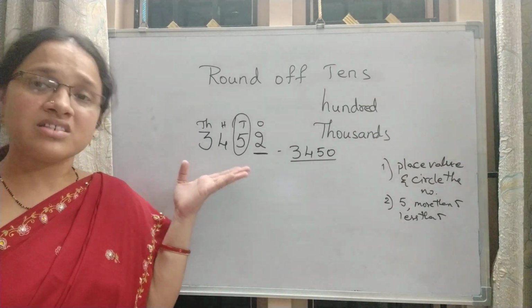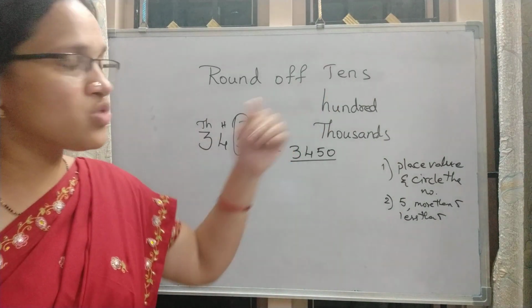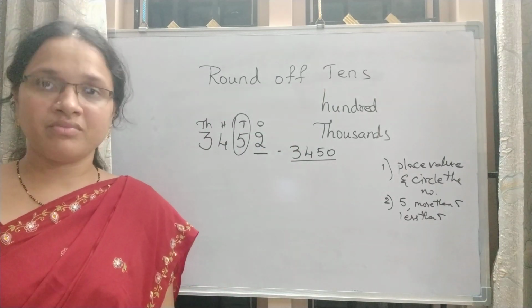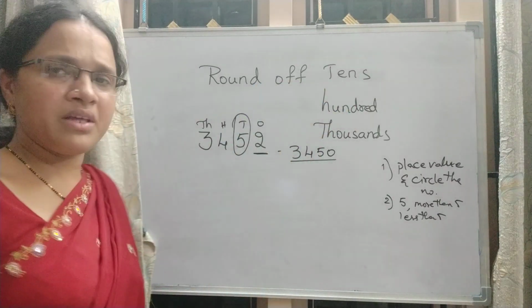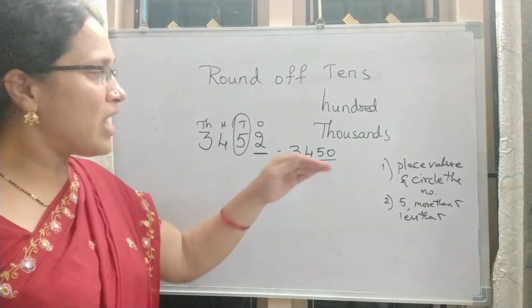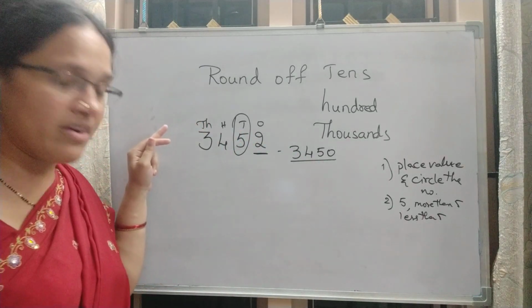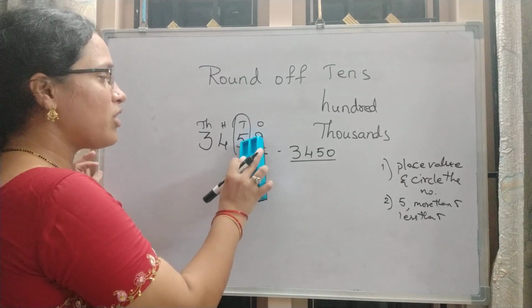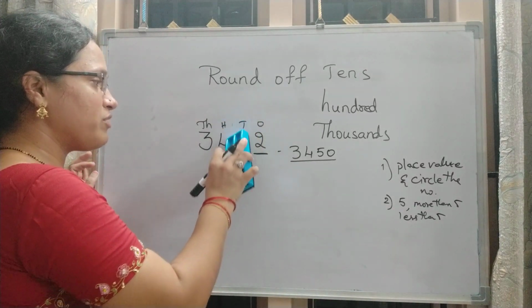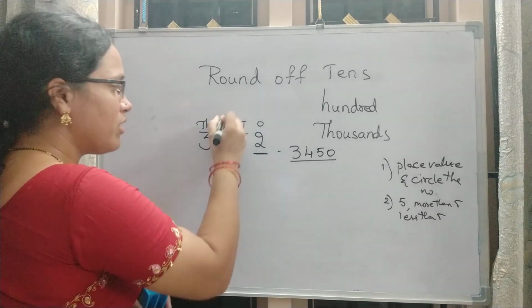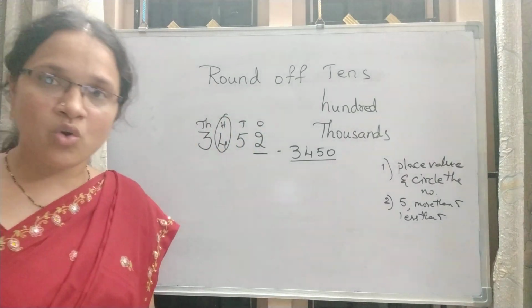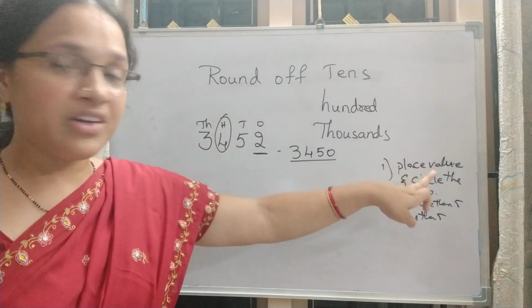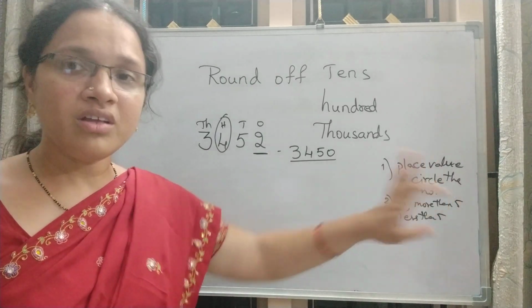Now let us see the same thing, how it comes when it comes to the hundreds place. The first thing is you have to write the place values. So the place values are already written here. And then you round off the value which has to be rounded off. That means if you need hundreds, round off the hundreds now. So we have written the place values and we have circled the number.